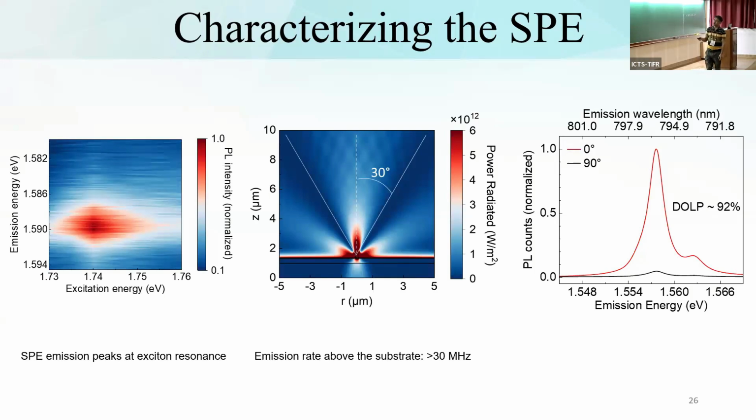You see that the gold almost blocks emission from the backside, so most of the light you are able to collect on top. Of course there are some surface waves and all. Our objective collects within about 30 degrees or so, which is about one third of the total emission. So 10 megahertz means the total emission rate is about 30 megahertz or so, which is pretty good.